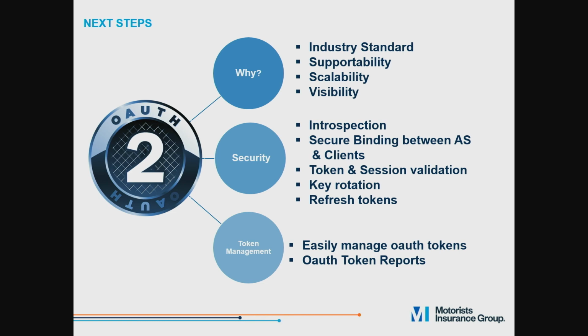That's a lot more security. And there is token and session validation that you can do. From an APM perspective, you can do per-request, per-session validation, which is, like I said, more security again.